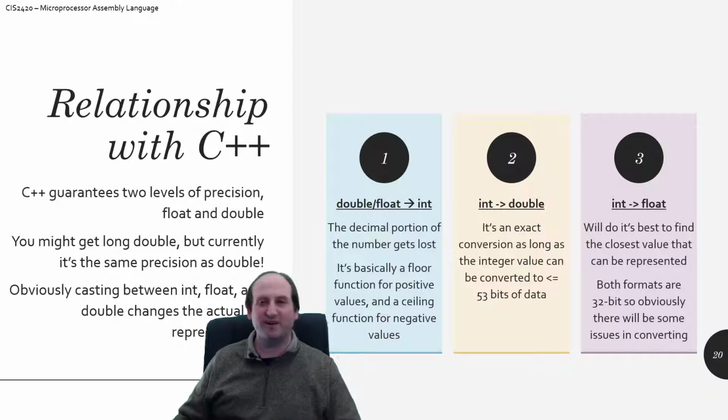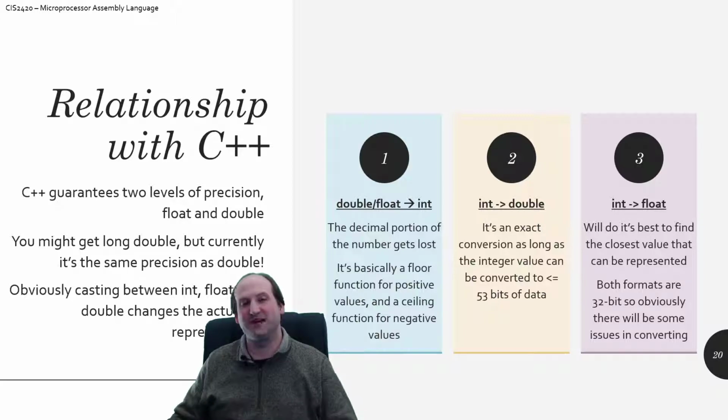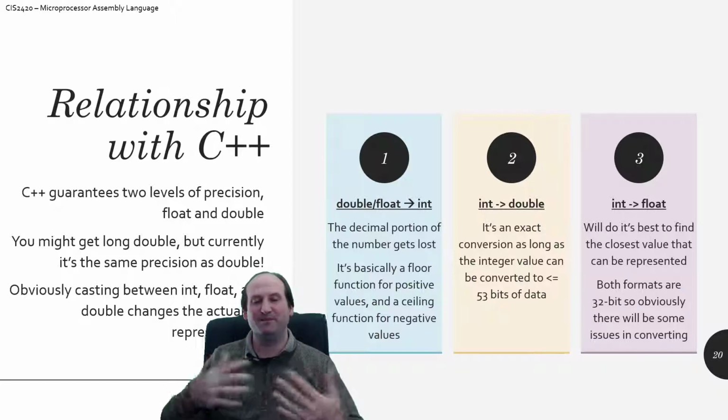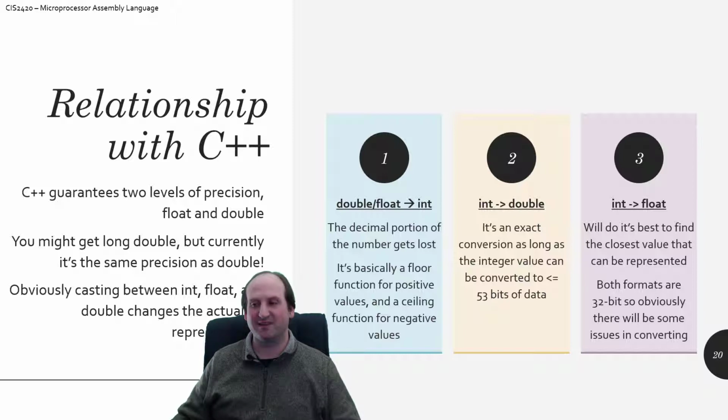So when I'm converting from one number system to another, one data type to another, that's where this all comes in. So if I'm in step 1 here, if I'm taking a double or a float, and I'm cutting it and turning it into an integer, what am I doing? First off, it takes a lot of clock cycles, as you could imagine. You've done the examples. How do we make that happen? There's got to be something that makes it work in hardware, and it takes a lot of clock cycles to do.